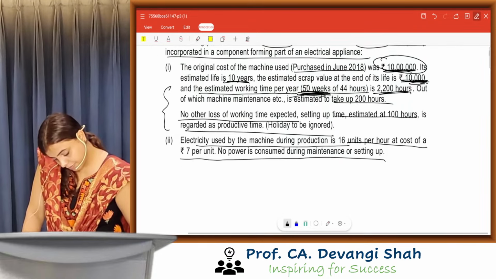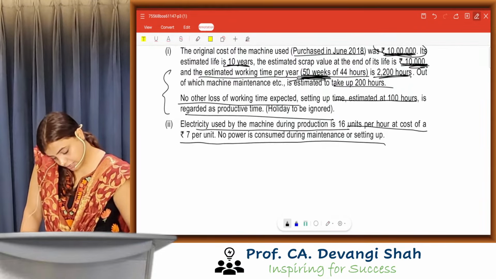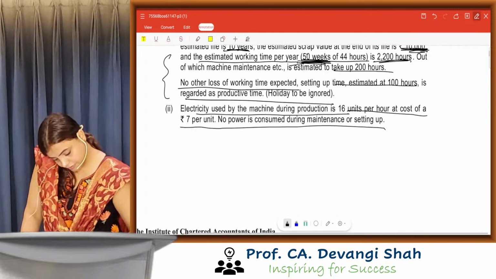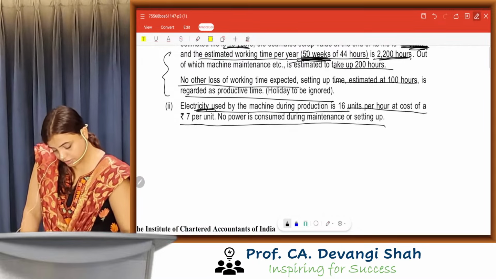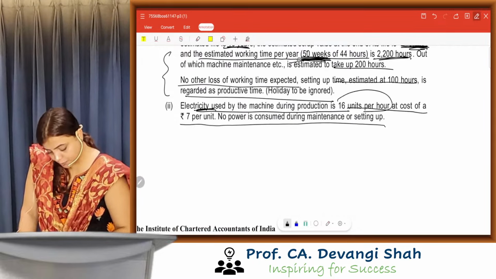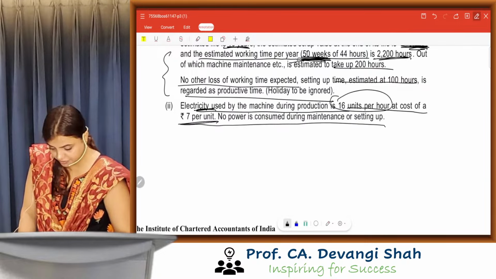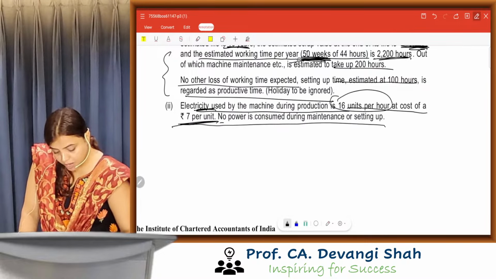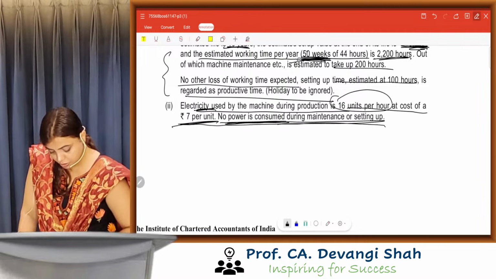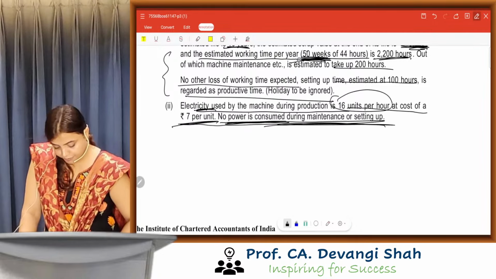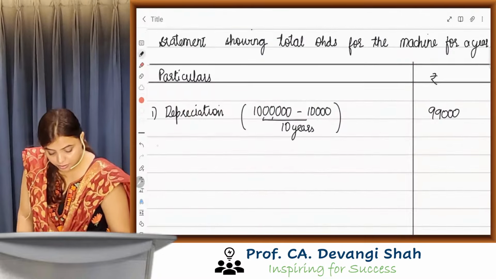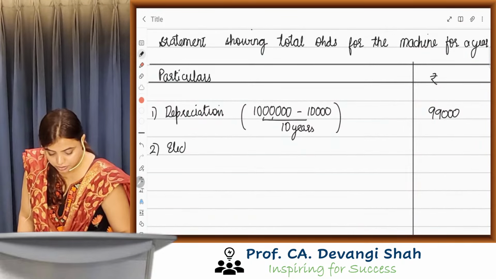Then next is electricity cost, 16 units per hour at the cost of 7. No power is consumed during maintenance or setup. So we are going to calculate electricity cost.